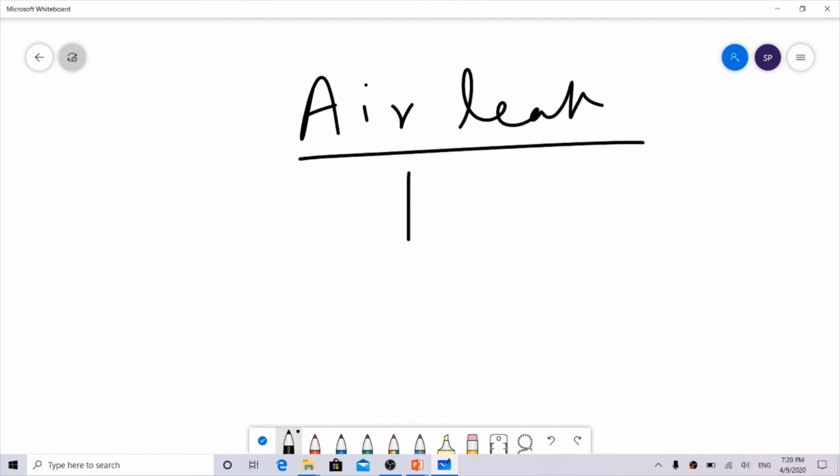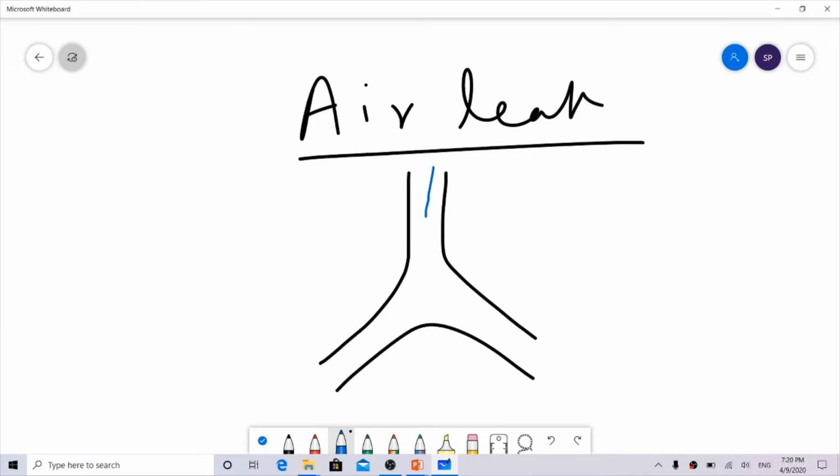Let's say this is again a trachea, and you have the tube here. Now consider that even though you deflated the balloon, a lot of inflammation has occurred over here. So much inflammation has occurred that even when you put pressure, the air cannot get out.